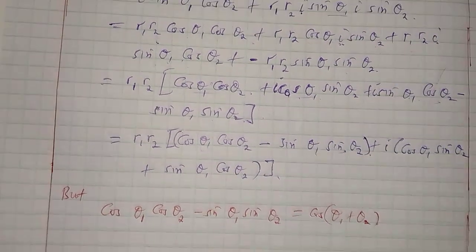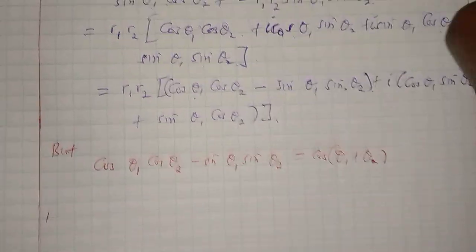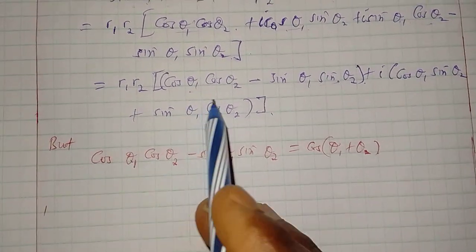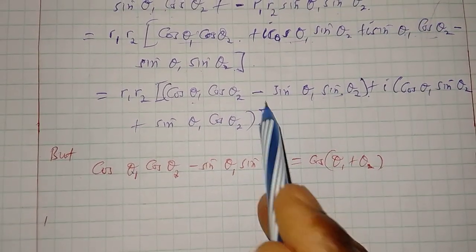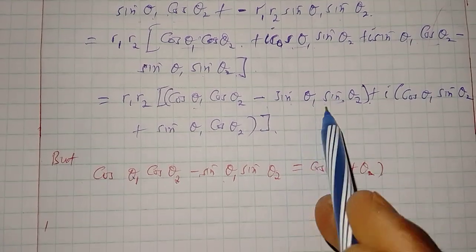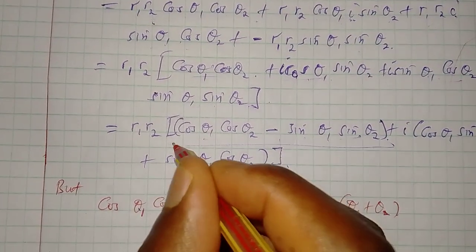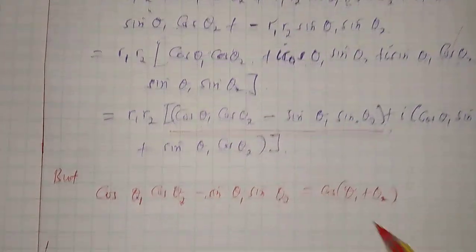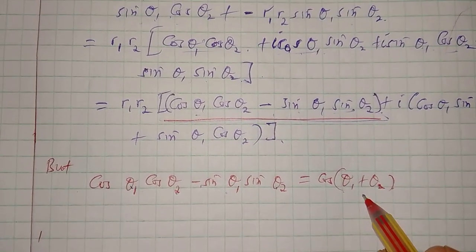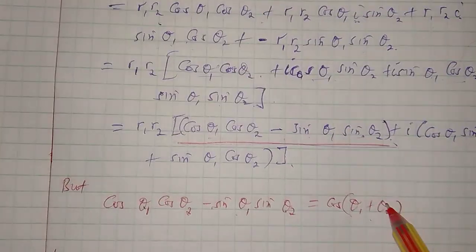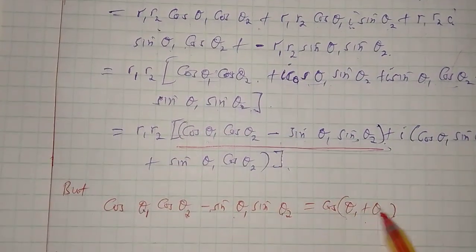You have to remember this. So the whole of this is equal to cos of theta1 plus theta2. Now we can substitute this with this one.